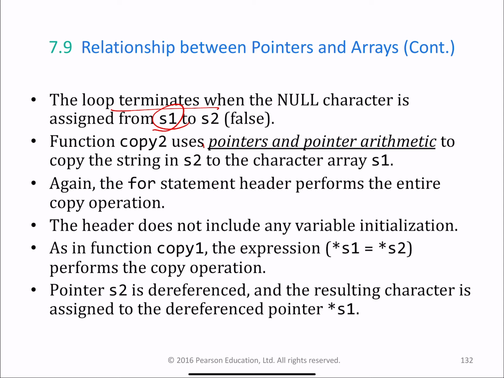Function copy2 uses pointers and pointer arithmetic to copy the string in S2 into array S1. Again, the for loop statement header performs all the copy operation. There's nothing inside the body of the for loop. And over here, the header does not include any initialization, and this expression over here is very similar to what we saw in the function copy1.